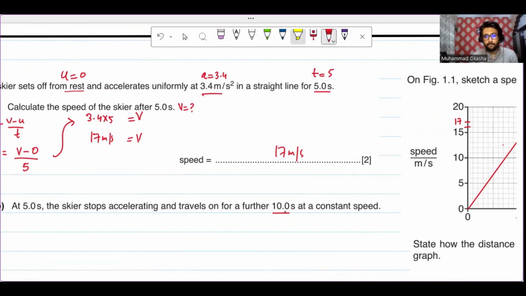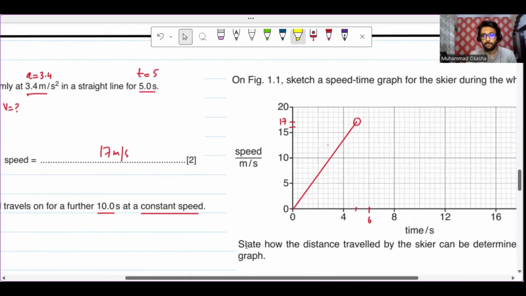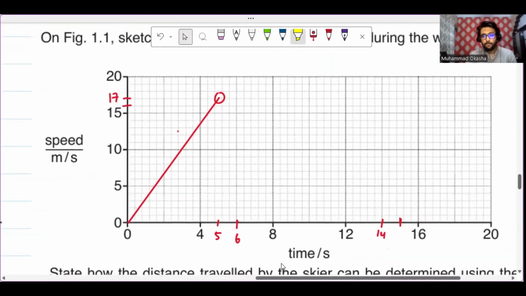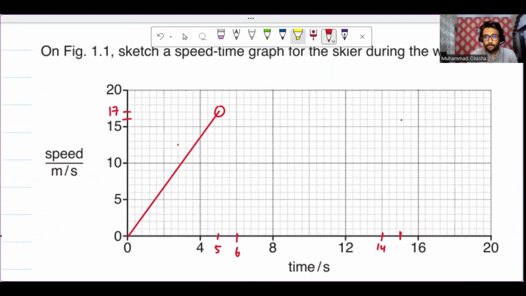It stops accelerating and travels a further 10 seconds at a constant speed, which means from 5, if I add another 10 seconds to it, that's going to be 15. So 12, that is going to be 14, and 15 should be somewhere over here. So at a constant speed, it should be somewhere over here, and I'm going to draw a straight line, because constancy is represented by a straight line, up to this point.